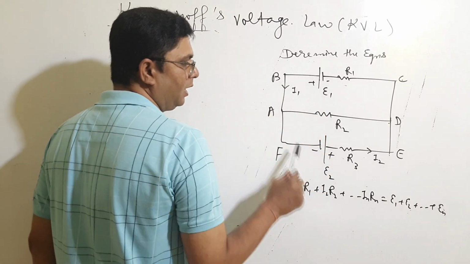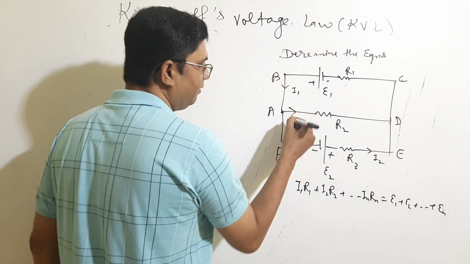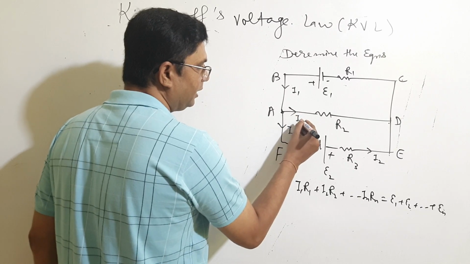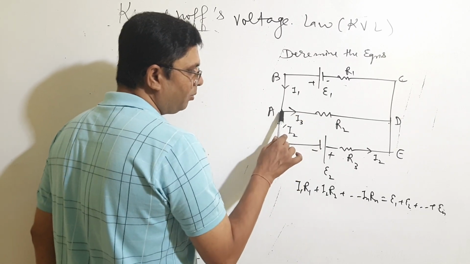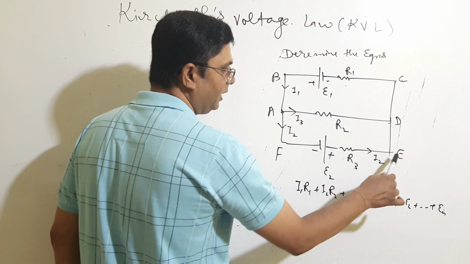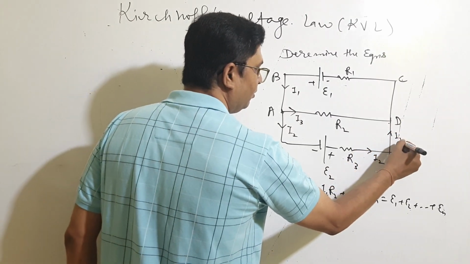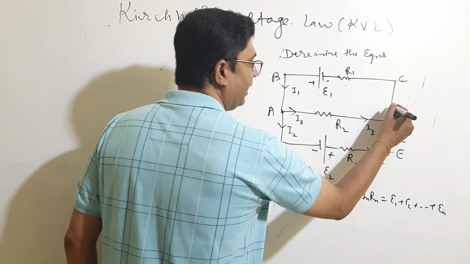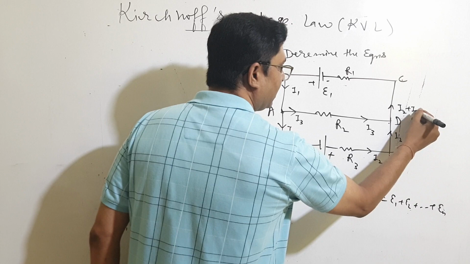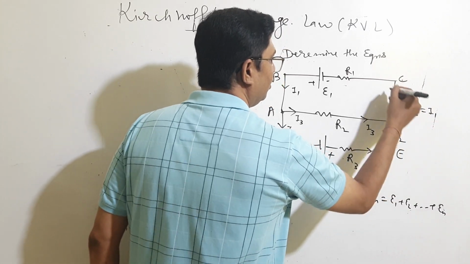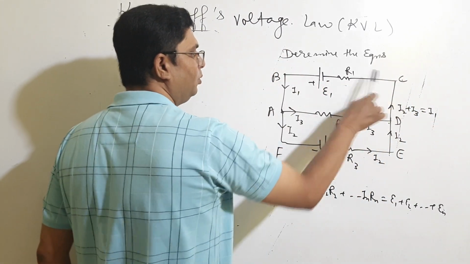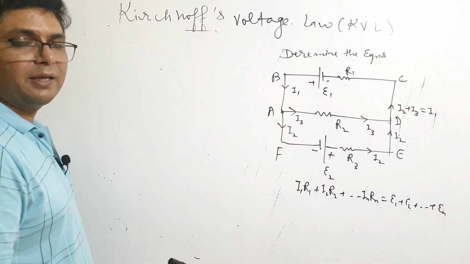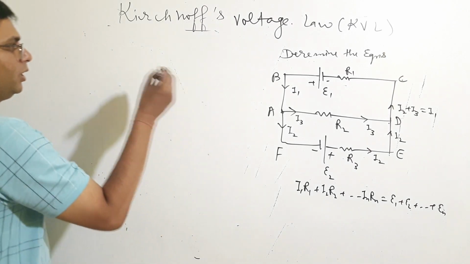This is I1, and at this junction the current is divided into two parts. Let this current be I2 and this I3. I2 current goes from A to F, F to E, E to D. From A to D, this is I3. These two currents add up here, I2 plus I3, to give you current I1. So this is the use of KCL.